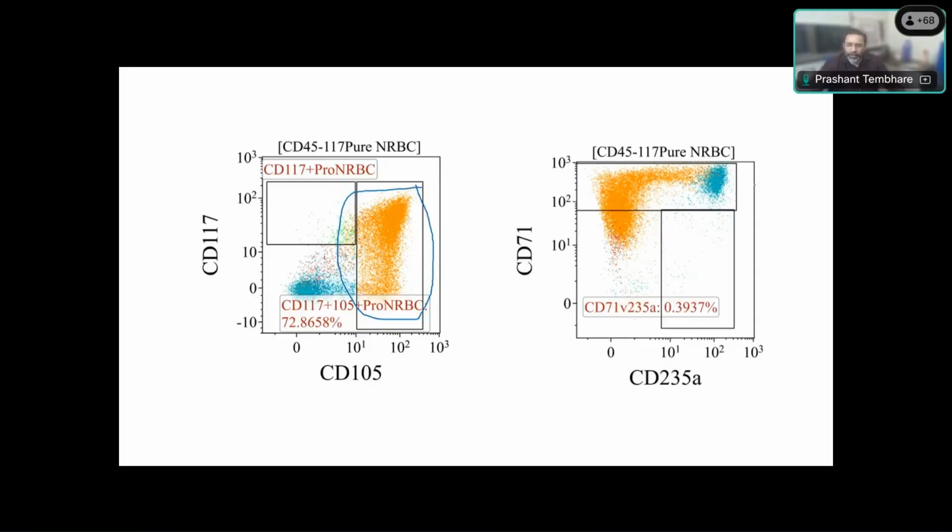The other way to look at it is the loss of CD71. In this case, there was no loss of CD71, but loss of CD71 in the CD235a positive population, if it is more than 5% of erythroid cells, also indicates aberrancy, that is abnormal expression or dyspoiesis.